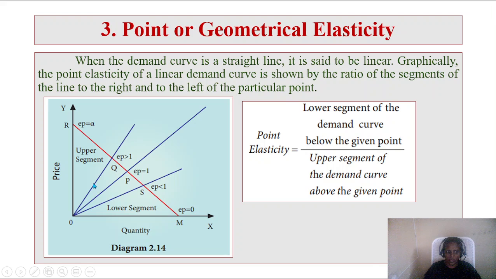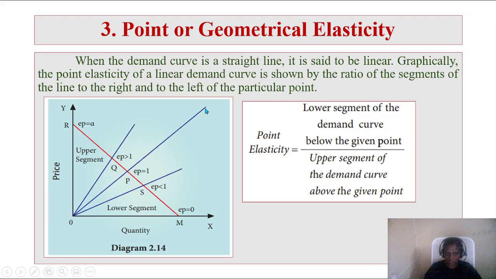and we are drawing the straight lines: EP is greater than 1, EP is equal to 1, and EP is lesser than 1. We are taking three points with the previous data, and we are getting three straight lines, which is very linear. This is the point of origin.